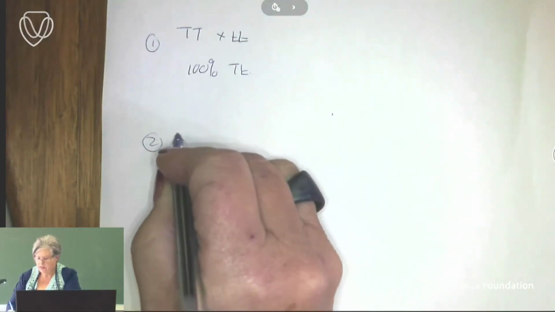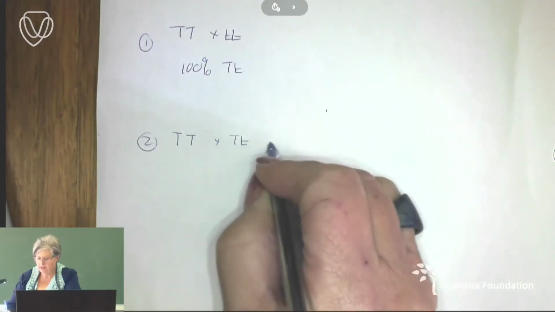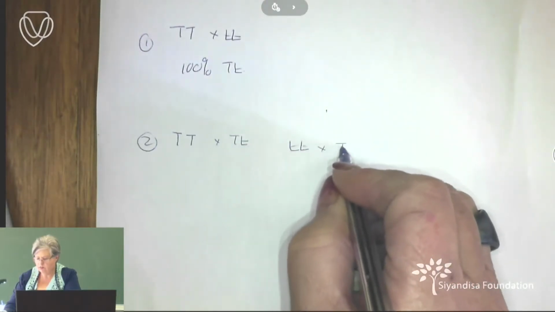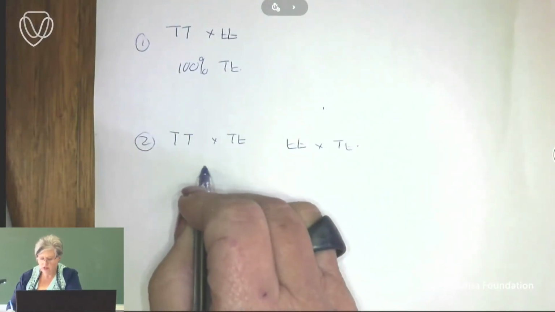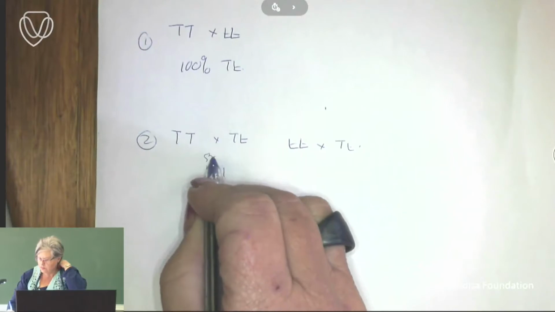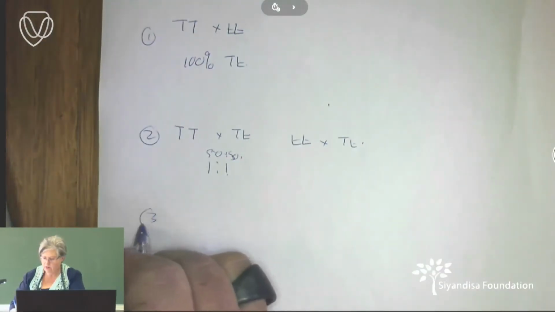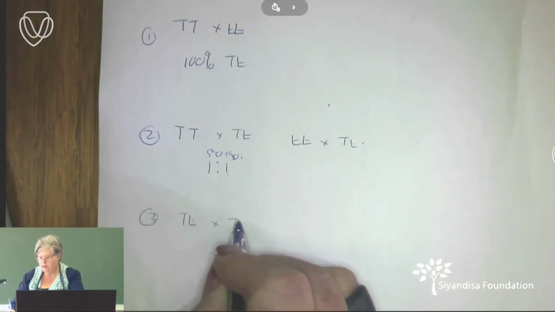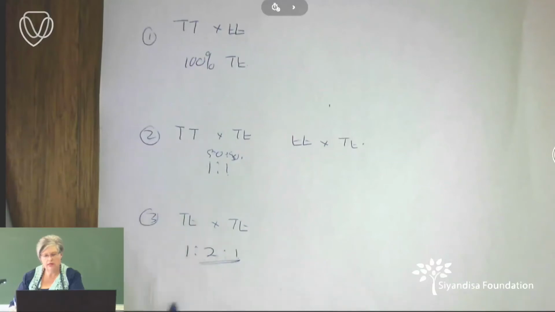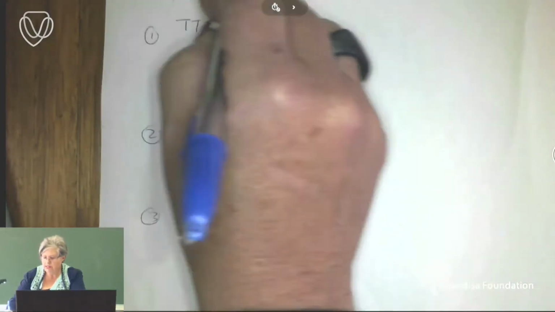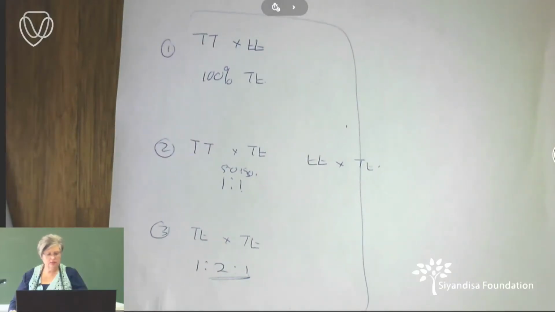The second one, if I have homozygous cross a heterozygous, it will always give me the ratio 1:1 or 50:50. Okay? And the third one, if both of them are heterozygous, I will get 1:2:1 as my ratio there. So this will save you a lot of time if you know this. Okay. We will now look at examples.